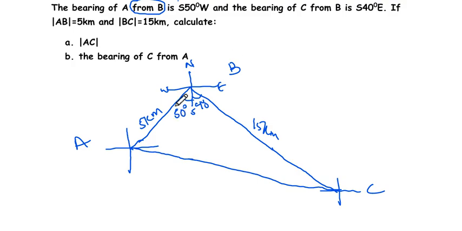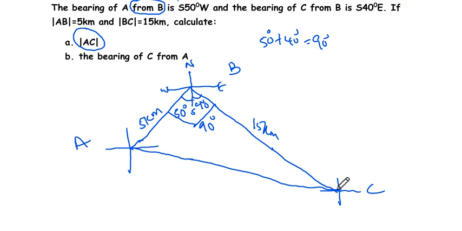Now the whole of this angle is 50 plus 40 degrees. That's 90 degrees. So the whole of this angle is 90 degrees. That makes this triangle a right angle triangle. Now for a right angle triangle, to calculate the side AC, we can use cosine rule, but preferably it's better we use Pythagoras theorem.